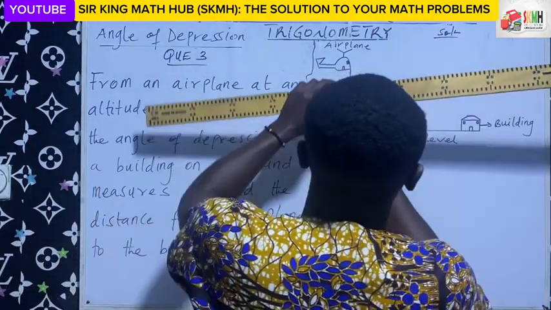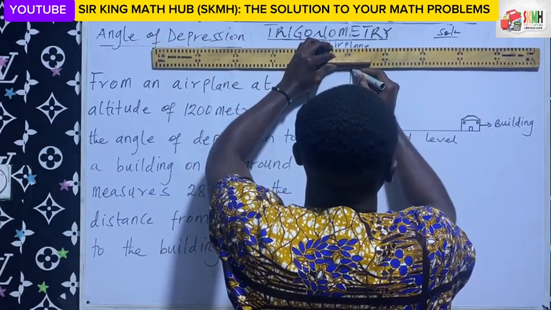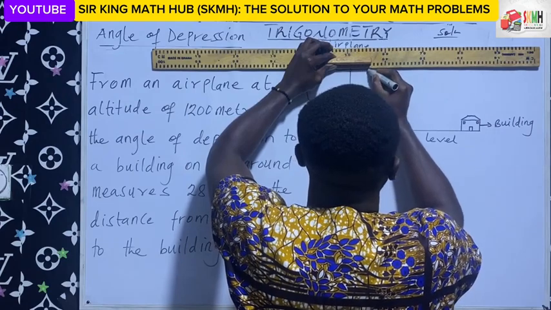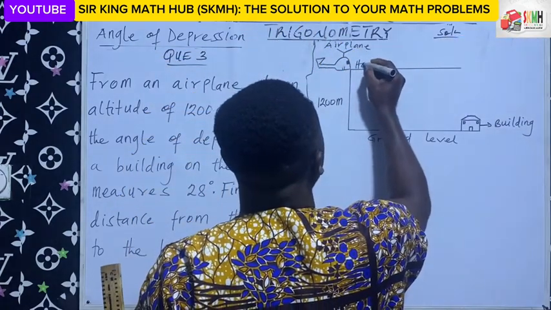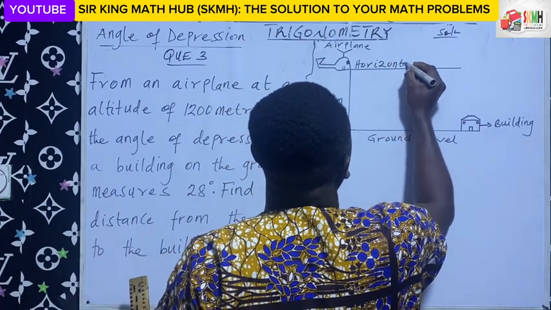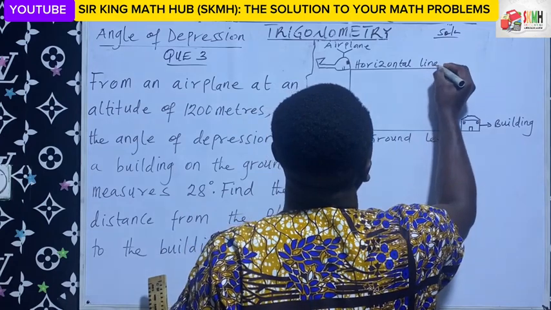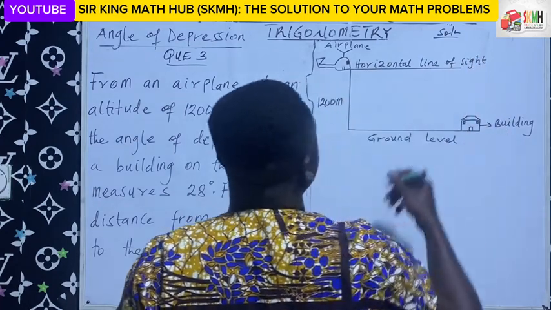So as we said, before we can draw the angle of depression, there should be a horizontal line of sight. So this is our horizontal line of sight.